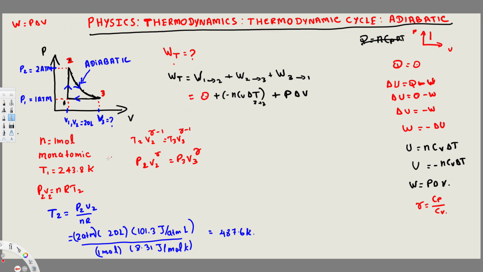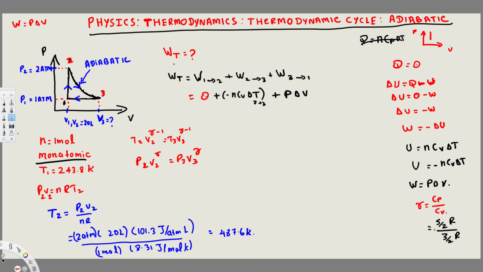Since they have mentioned this is a monoatomic gas, we can find the Cp to Cv ratio, because for a monoatomic gas Cp is always 5 over 2 R and Cv is 3 over 2 R. If it's diatomic, Cp is 7 over 2 and Cv is 5 over 2. If it's triatomic, Cp is 9 over 2 and Cv is 7 over 2.